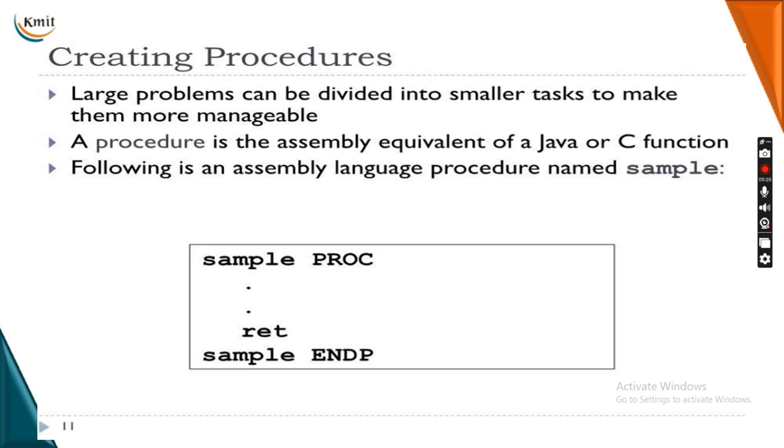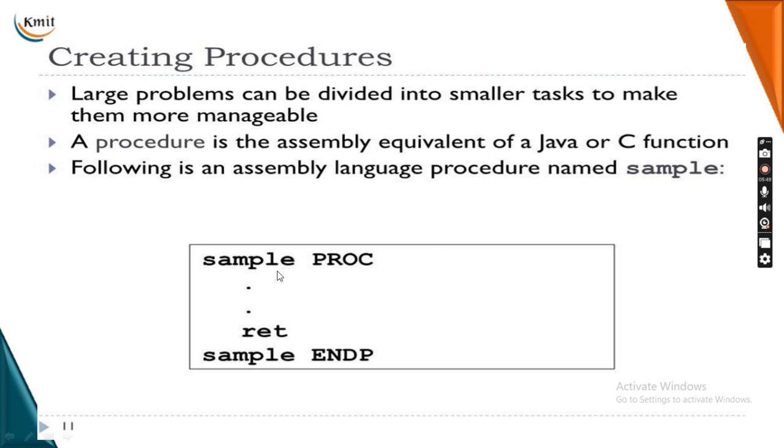Now, first, creating procedures. How will you create a procedure? Large problems can be divided into smaller tasks to make them more manageable. A procedure is nothing but the assembly equivalent of a Java or C function. You can create a procedure like this.